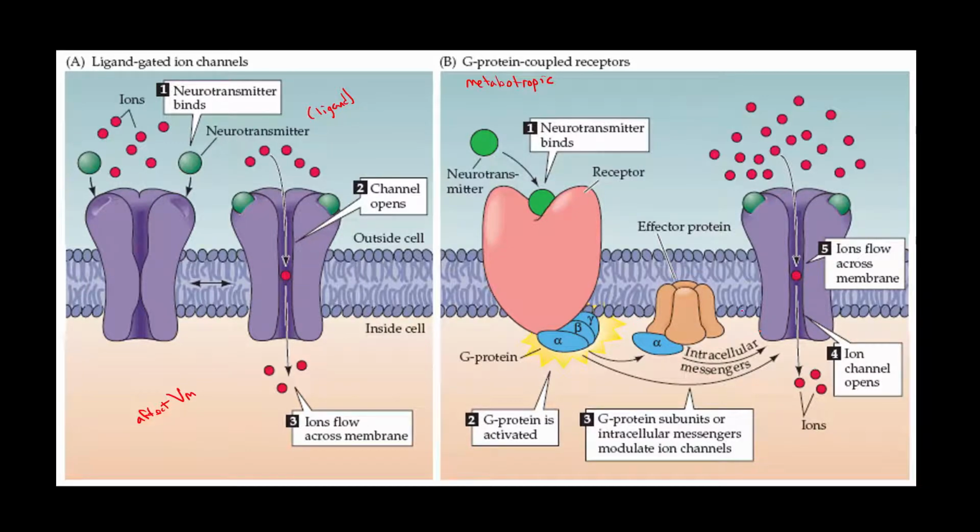Sometimes these will then open ion channels. Sometimes they'll affect gene expression. They can do lots of different things. Okay, but if you look, even though an ion channel may open, this receptor itself is not an ion channel. No ions pass through it.